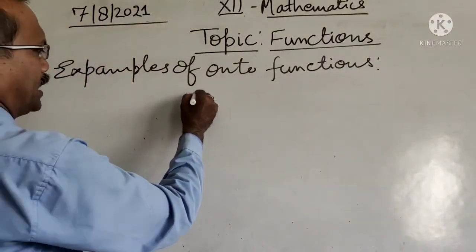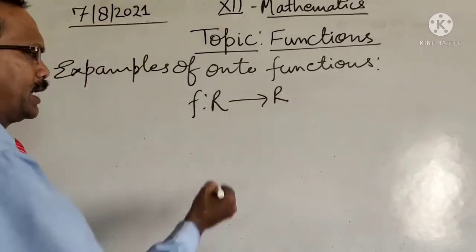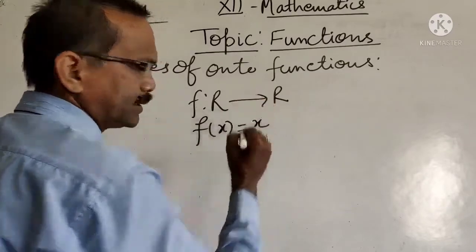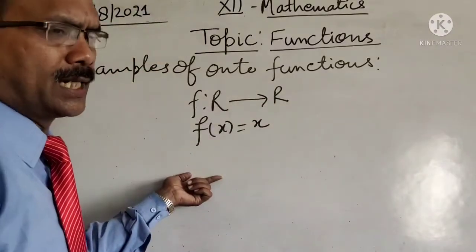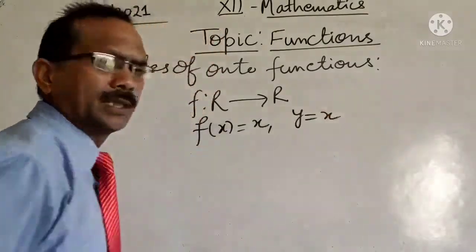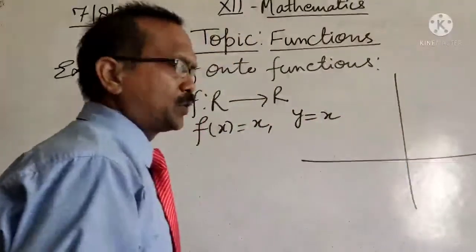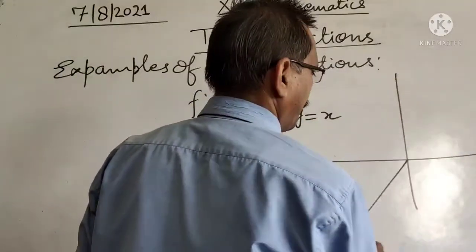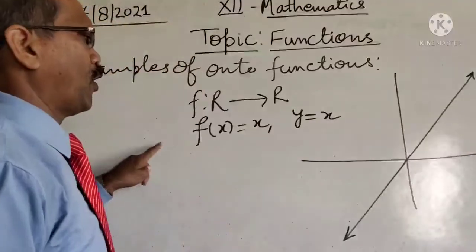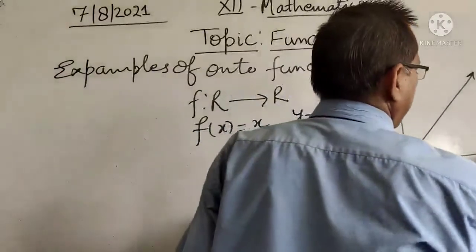Dear student, there is a function from R to R defined as f(x) = x. Then it is an identity function, or we can say y = x. So this is a straight line passing through the origin and it is defined from minus infinity to plus infinity.